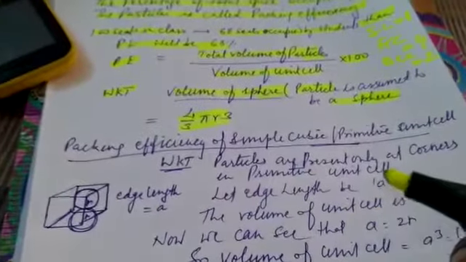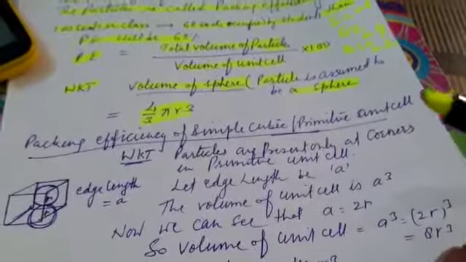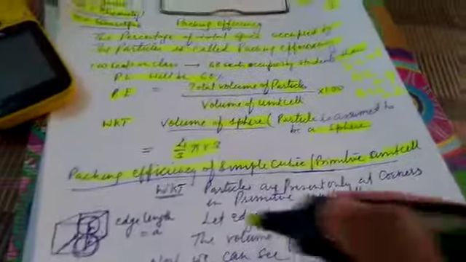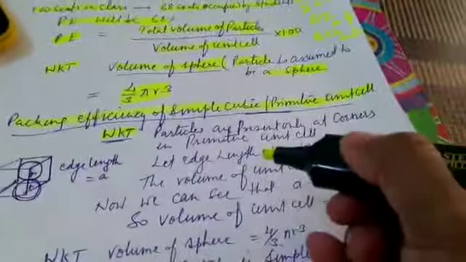Now we will calculate the packing efficiency of a simple cubic unit cell, that is, the primitive unit cell. You know very well that the simple cubic or primitive unit cell contains particles only at the corners.